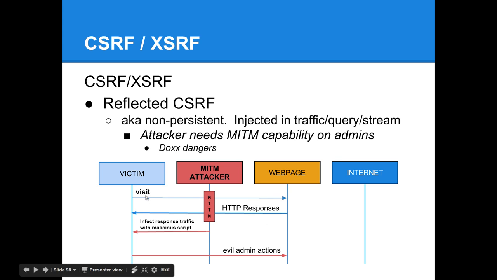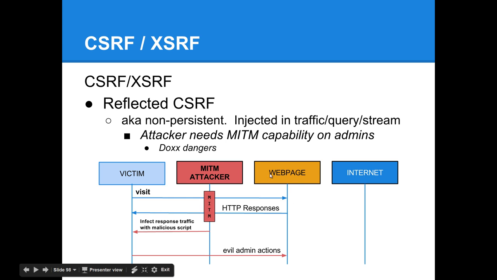So the attacker will simply man in the middle the traffic for the users that visit, and for the intended victim will see, hey, it's the admin, will intercept all the HTTP requests and HTTP responses, and with the HTTP response, it will inject, after, say, the authentication has been performed, malicious script into the traffic stream.